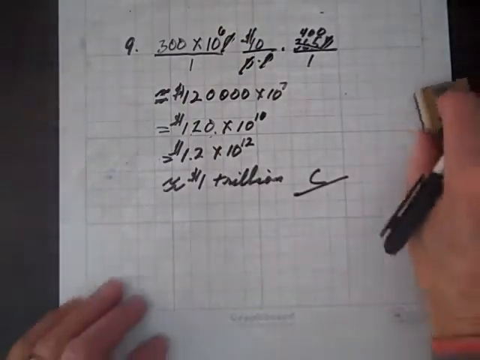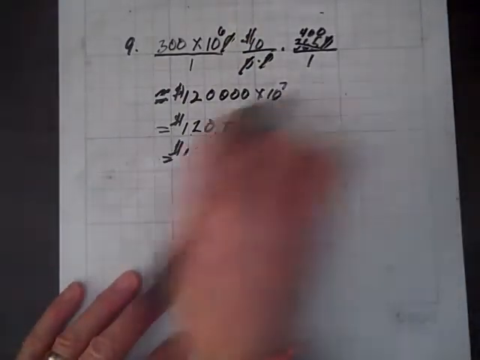Good. Now let's do number 10. And it says the distance from the Earth to the Sun is 92,900,000 miles.